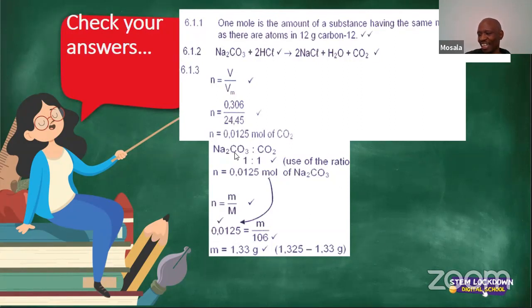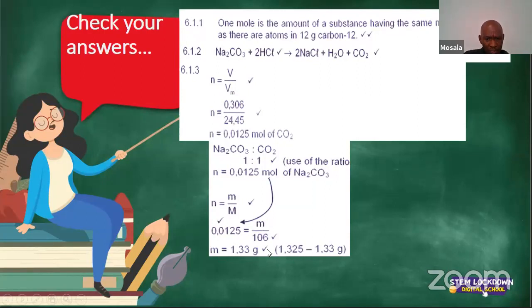So 48 and 12 give you 60, plus 46 gives you 106. Multiplying the moles by the molar mass of sodium carbonate, which is 106, you'll get the mass to be 13.3.